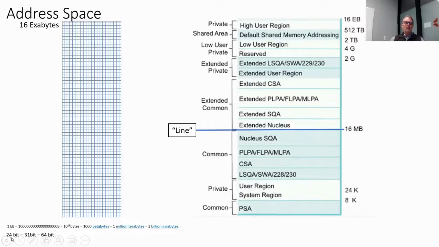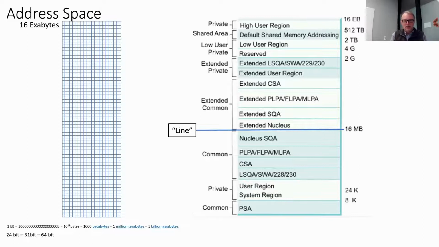It had a 24-bit address. So with a 24-bit address, the largest number that you can get to is 16 meg. So the 24-bit address was important because that's all that they had at that time.